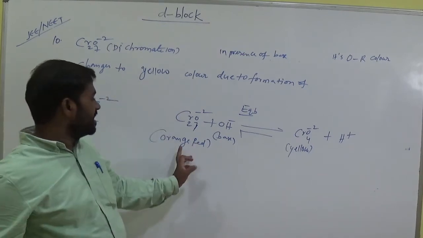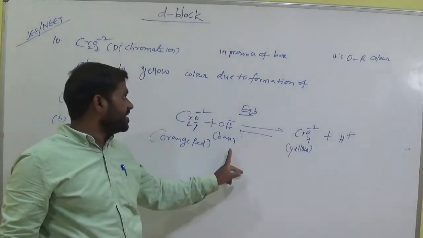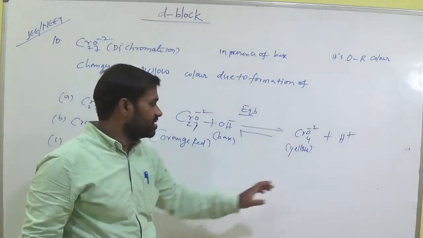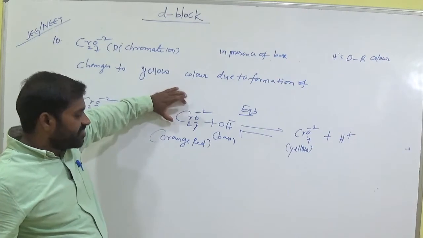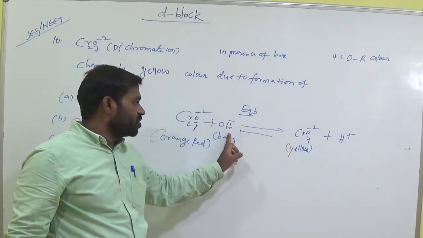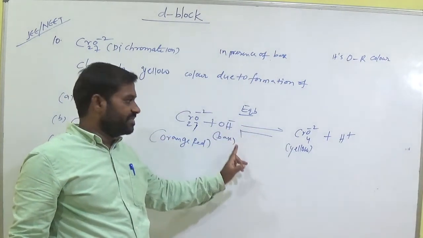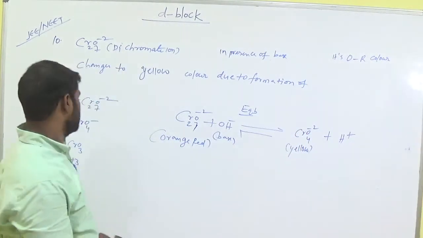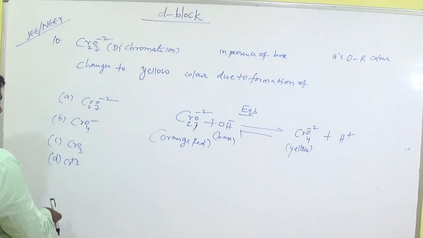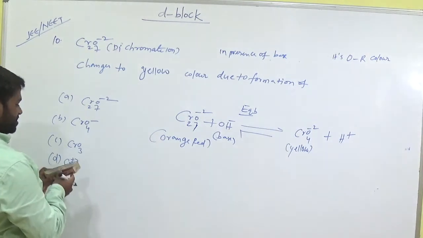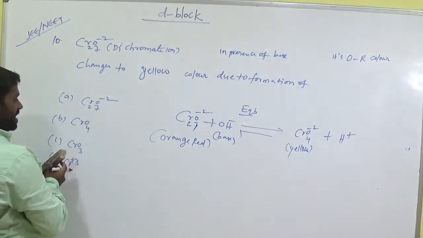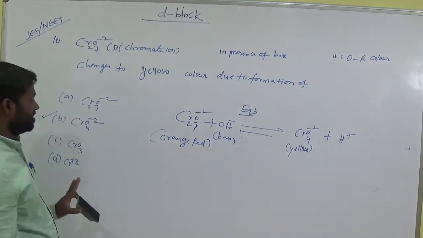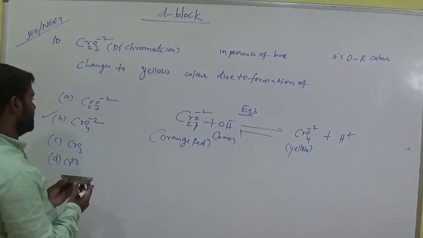Its orange red color changes to yellow color when treated with base OH minus. That means yellow color means which compound is generated here? Chromate ion. So what is the answer in this case? CrO4 minus 2. Clear? This is the answer. These are the two important bits.